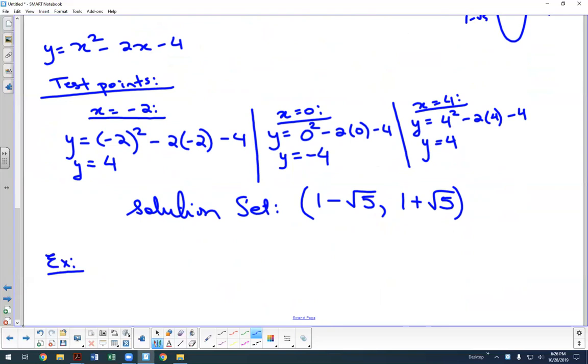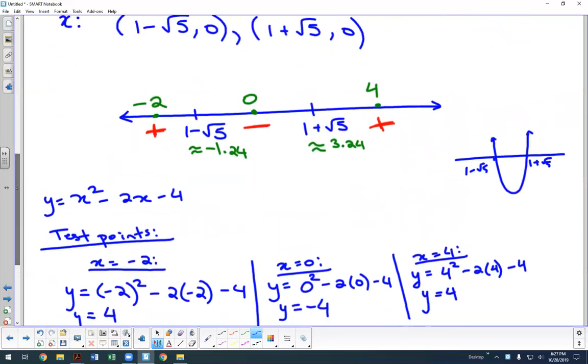Now, even though this was not given to us, let's just see what happens if we were to reverse our inequality symbol for the same example. You've got x squared minus 2x minus 4, and if we did just greater than 0, how would that interval notation change? If we change the direction of our inequality, what would our new solution set be?